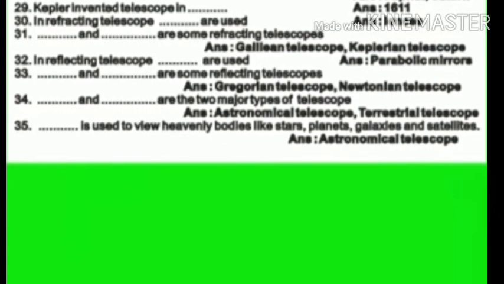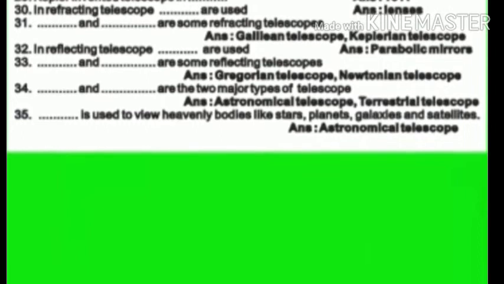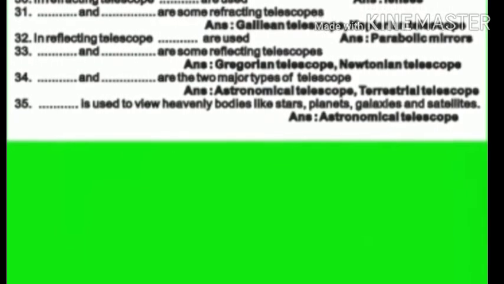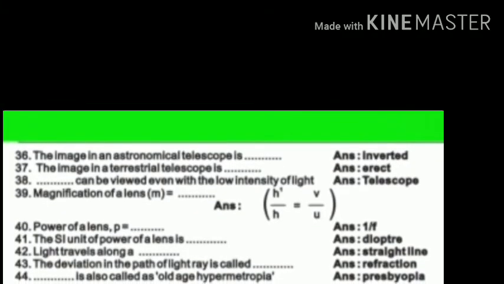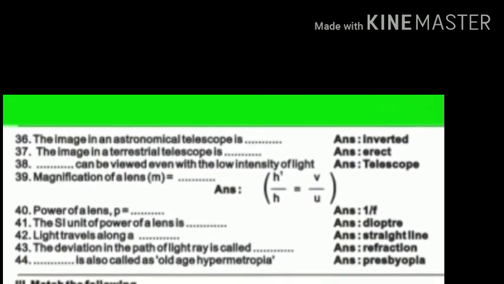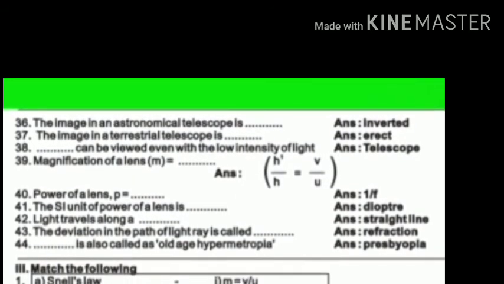Dash is used to view heavenly bodies like stars, planets, galaxies and satellites. Answer is astronomical telescope. The image in an astronomical telescope is dash inverted. The image in a terrestrial telescope is dash erect.